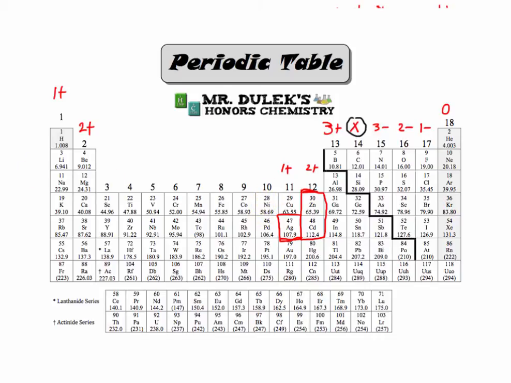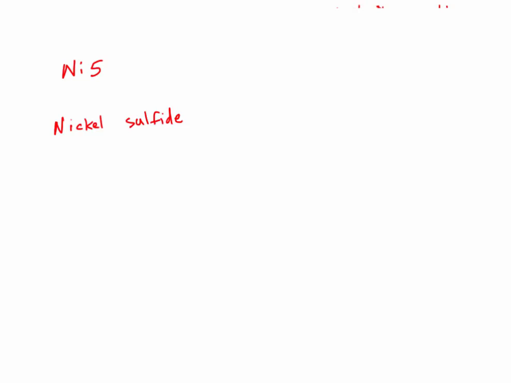Little rule of thumb is that most transition elements or metals need stock numbers. Now I'm saying most because there are some that don't. The ones that don't need a stock number are the ones that you've got listed down here at the bottom.